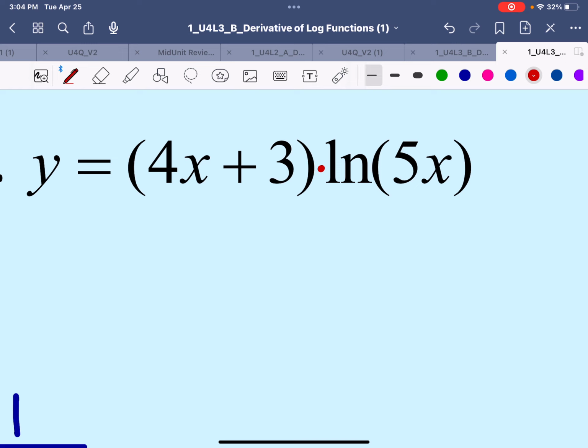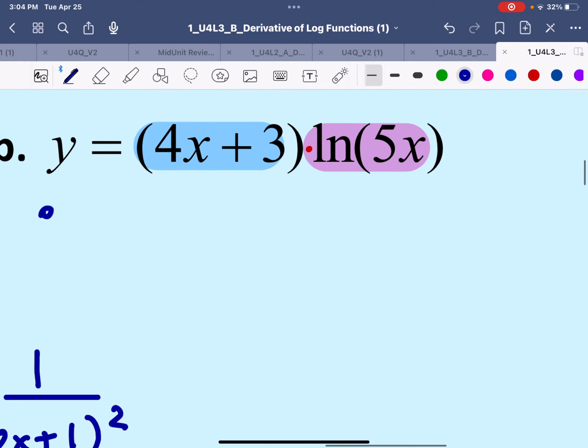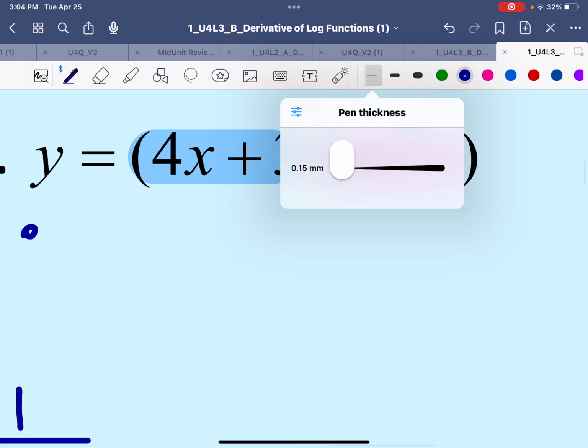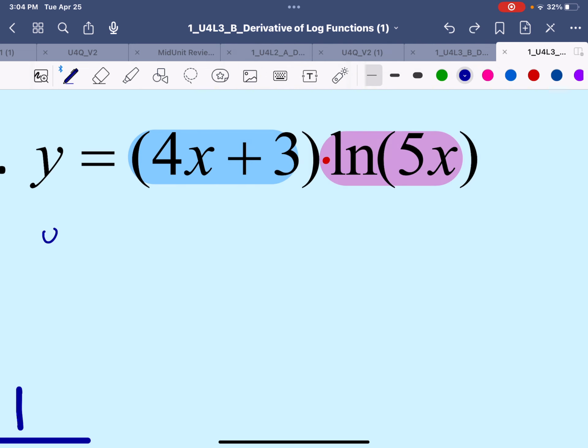So we'll start off with the first factor here, the first derivative here. So we have dy dx equals.